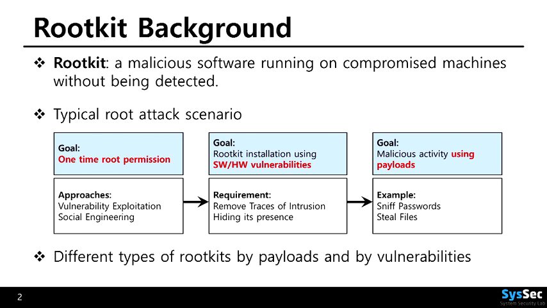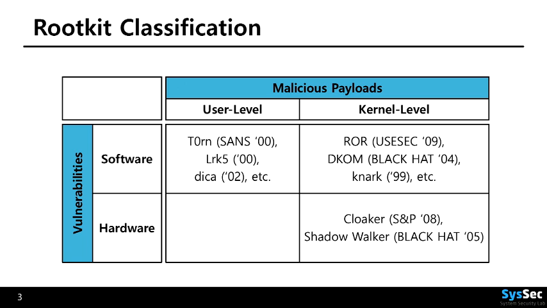There are different types of rootkits according to the location of payloads and the types of vulnerabilities. These rootkits are categorized into the following groups. Traditional rootkits are made of only user-level code, and they replace key system binaries, so they are detectable by integrity checking of those system binaries.